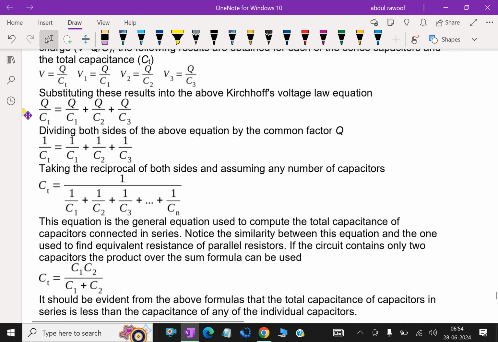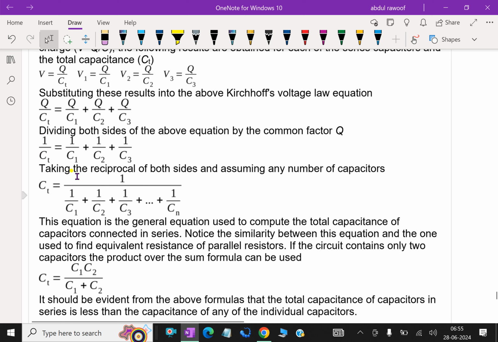Then take out common Q, and the remainder is 1 over C total equals 1 over C1 plus 1 over C2 plus 1 over C3. This is the reciprocal of total capacitance: each reciprocal of capacitance is added.